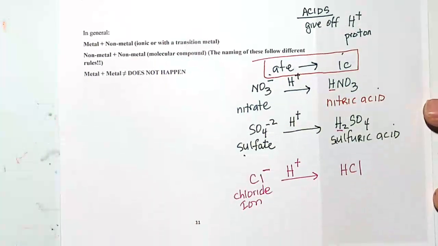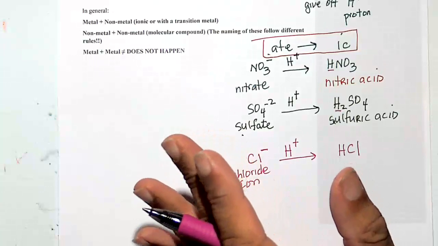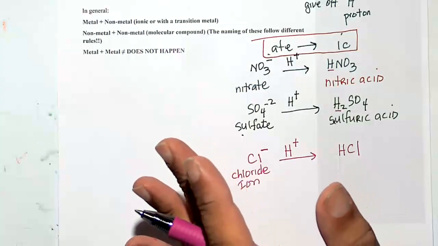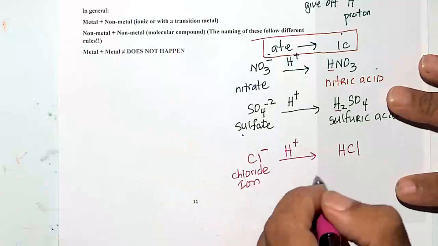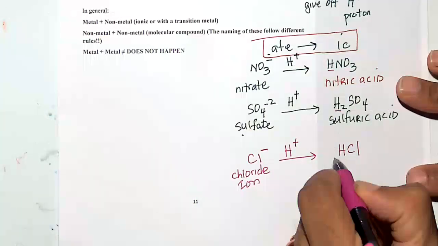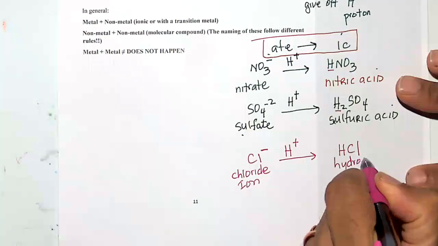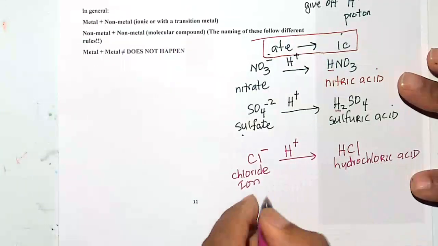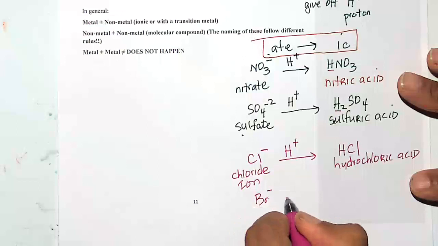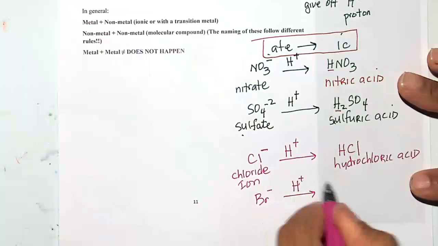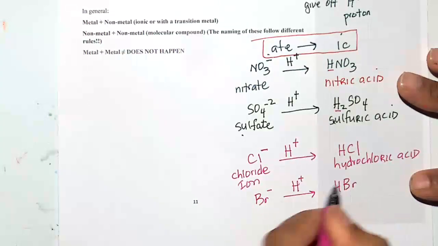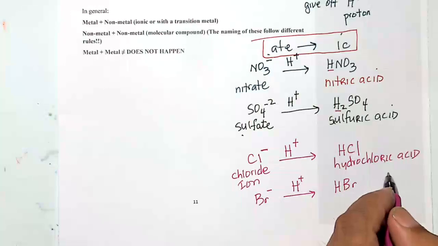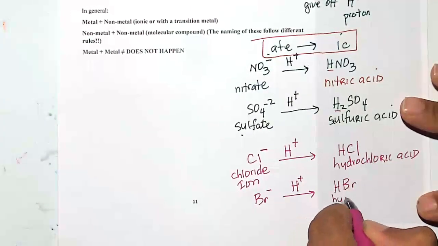If I acidify chloride ion, I get, again, this is weird, I understand. This is not my rules, but this is hydrochloric acid. So what would Br minus be? Hydrobromic acid.